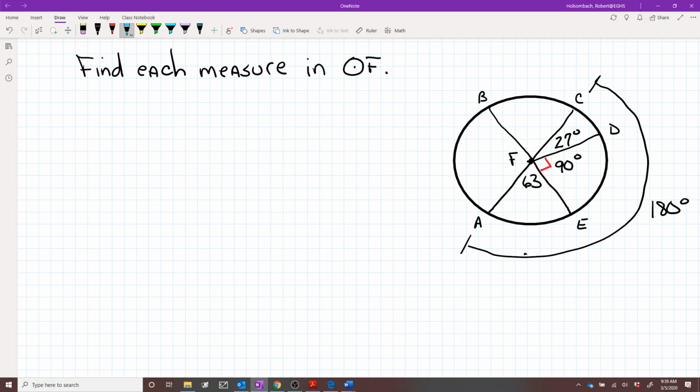Now if you look here in the middle where BE and CA intersect, those are vertical angles and they're congruent to each other. So angle BFC is also 63 degrees.